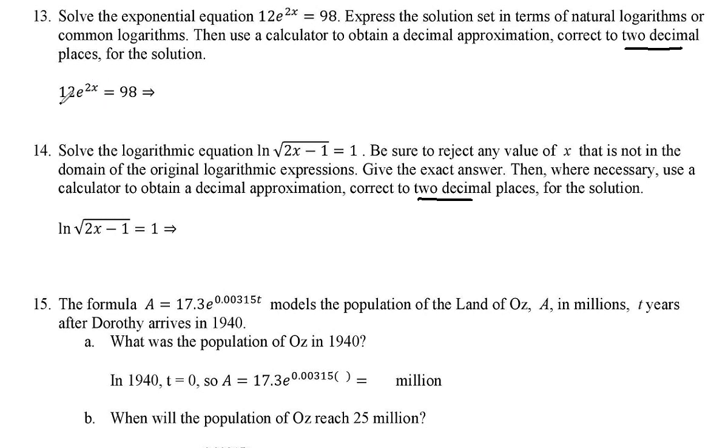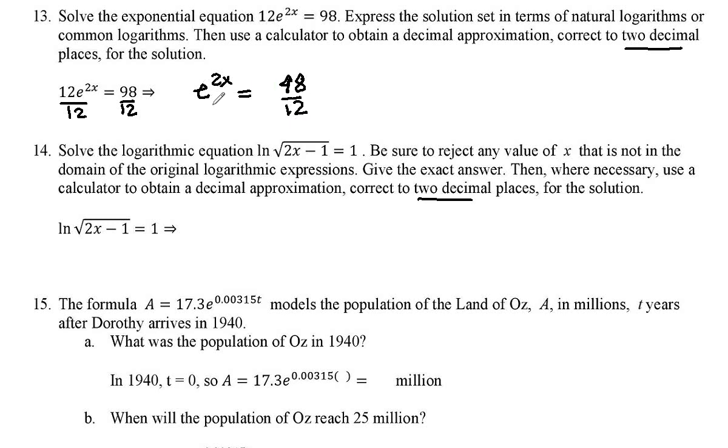So we want to divide the 12 off both sides. So we get e to the 2x then is equal to 98 over 12. And then the 98 over 12, you could reduce that if you wanted to, but I'm just going to leave it.